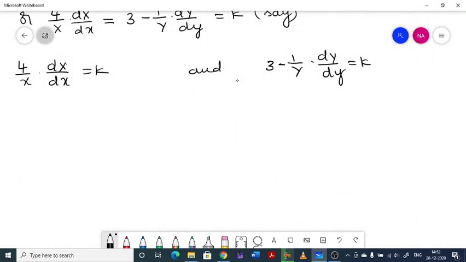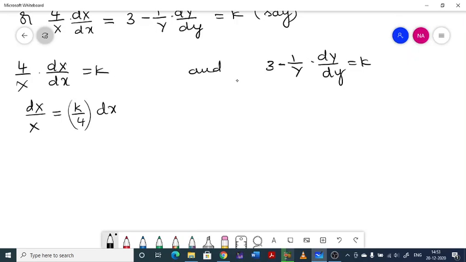Now solving both equations separately, from this I'll get d capital X by capital X will be k by 4 into dx.